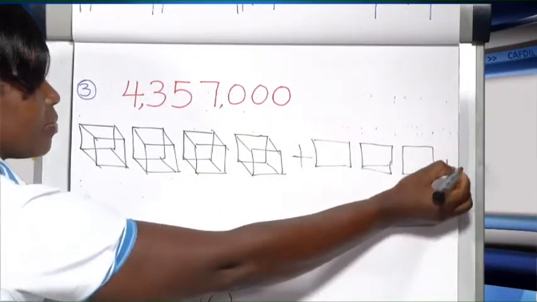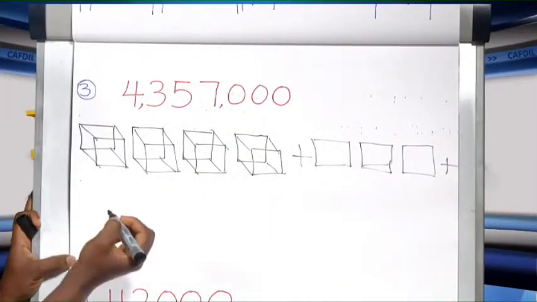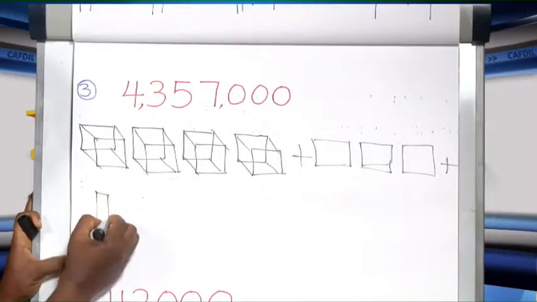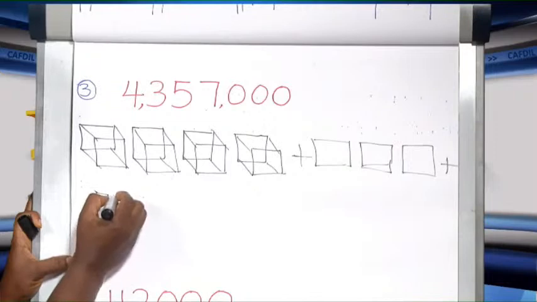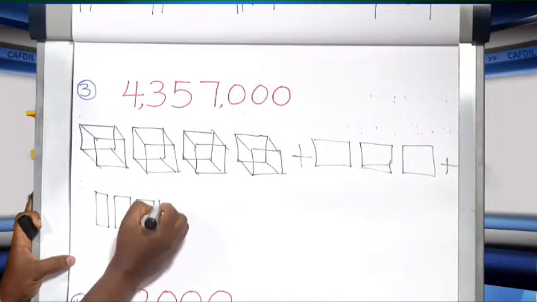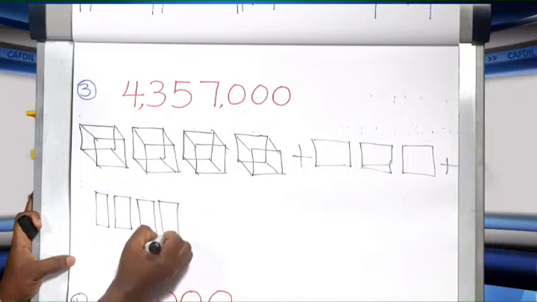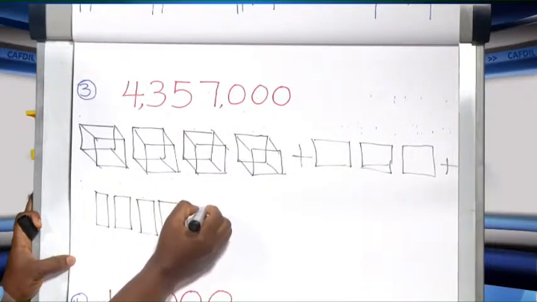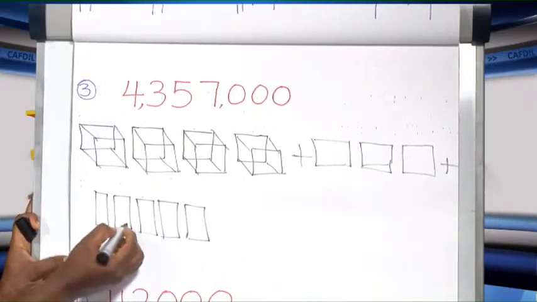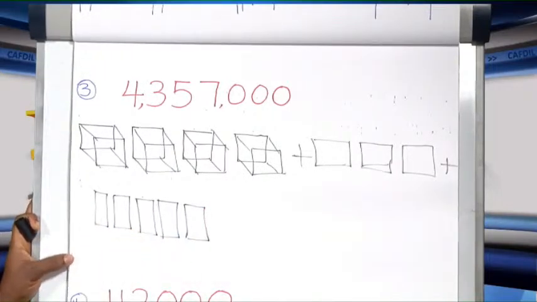Plus, I'm continuing, it's here, 5 of the rods. Is it up to 5? 1, 2, 3, 4, 5. Very good.